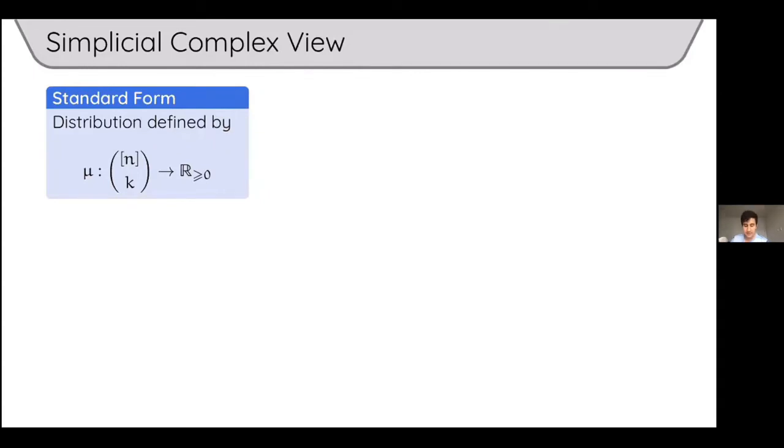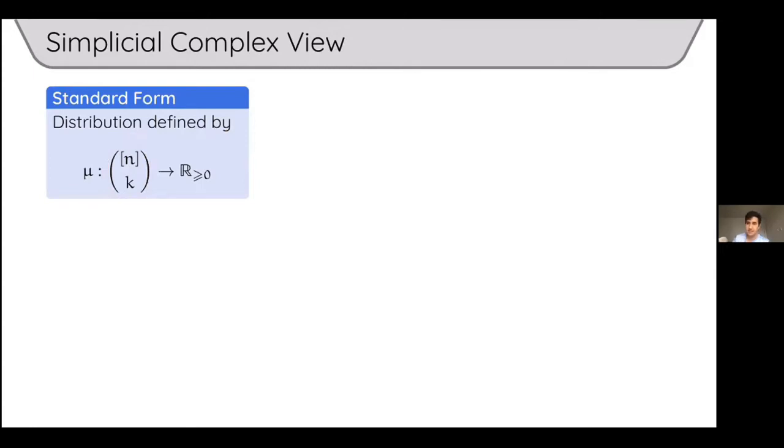Let me demonstrate this for the matroid example that I mentioned earlier, and then we'll get back to Monomer-Dimer systems. You first have to convert whatever distribution you have to a distribution on a k-uniform hypergraph, with hyperedges of size k, basically a distribution on size k sets out of a ground set of n elements.